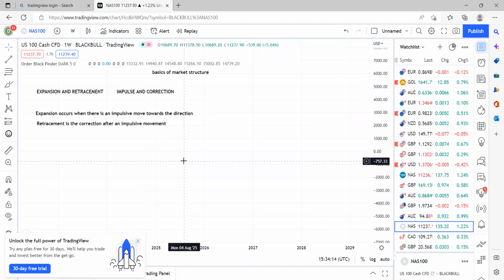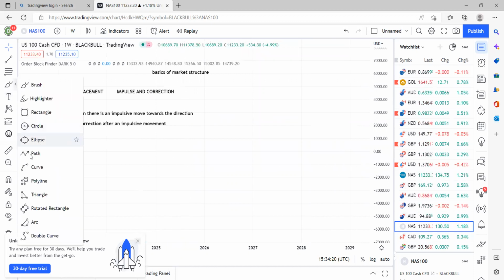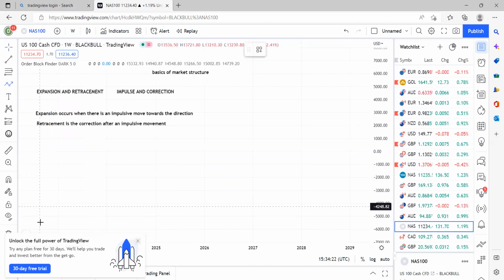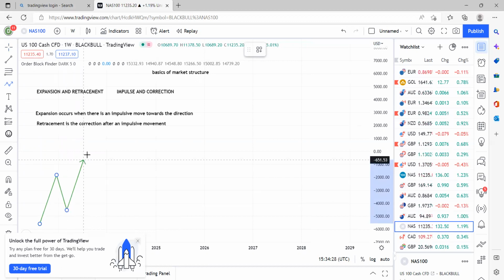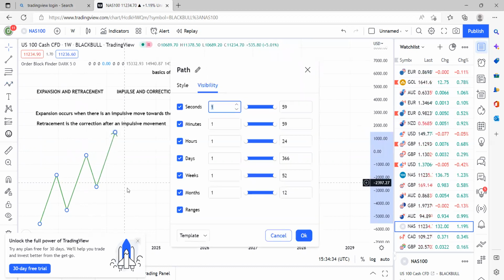And then what we have here: low, high, high, low, high, high, high, low, high, high.